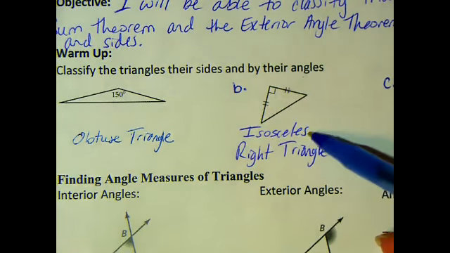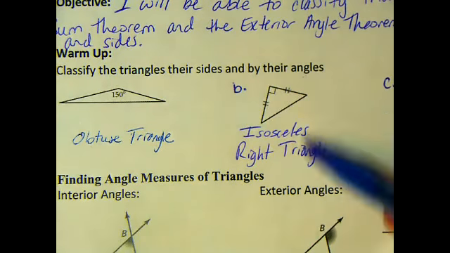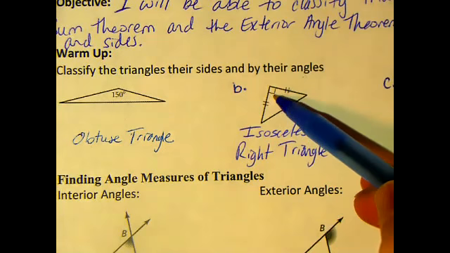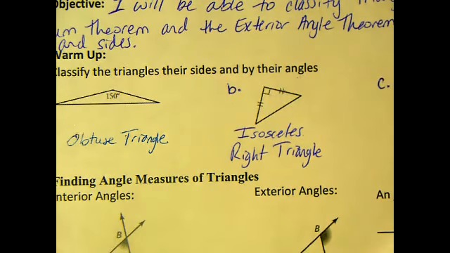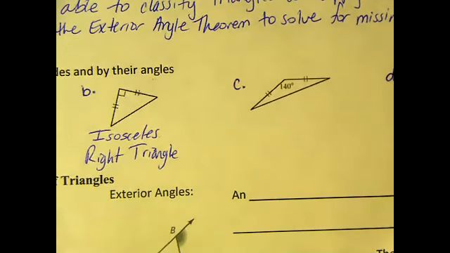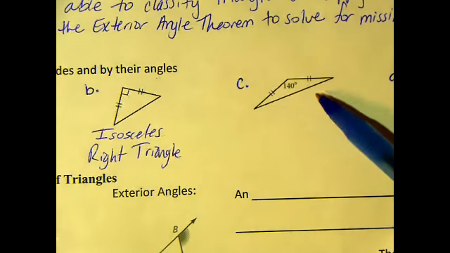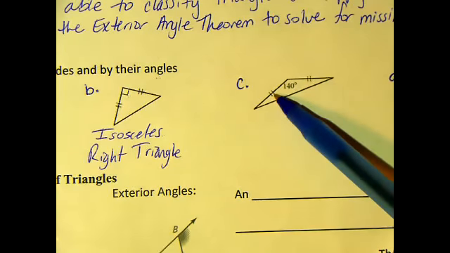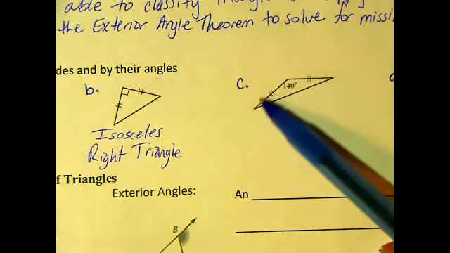Okay, so isosceles is based on the sides. The right is based on our right angle that we have right there. Okay, let's take a look at C. If you'll notice right off the bat, again, we have these two congruent sides, right?